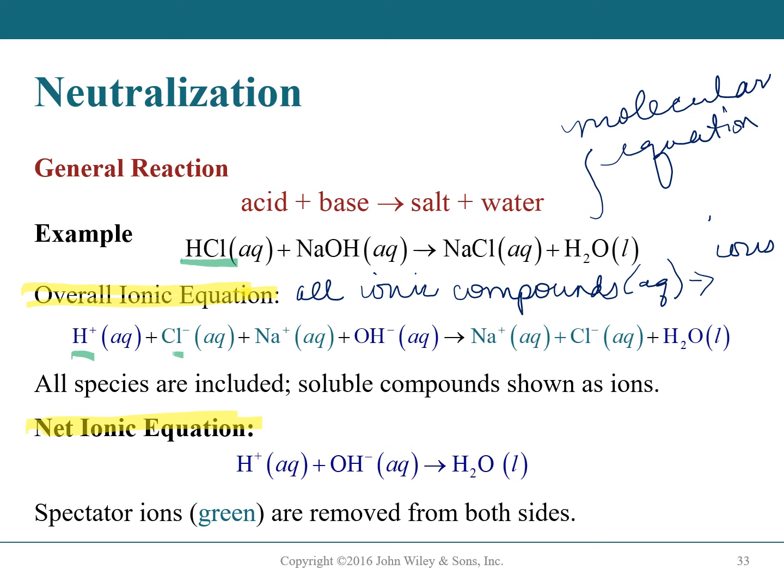Then we take a look at sodium hydroxide. And this is, again, where knowledge of your polyatomic ions comes in. Because instead of breaking up the O and H separately, remember, this is hydroxide. This is a single unit. And now, because we're putting down all our ions, it's not neutral, so we need to put the charges.